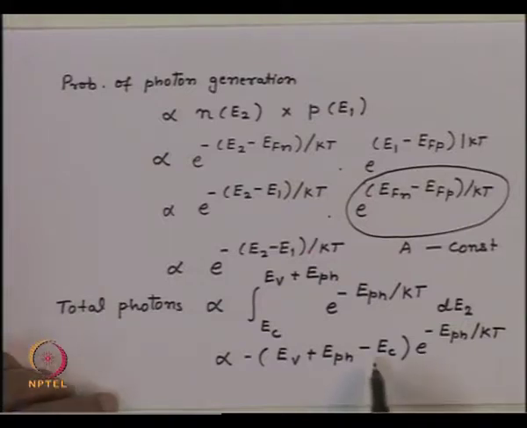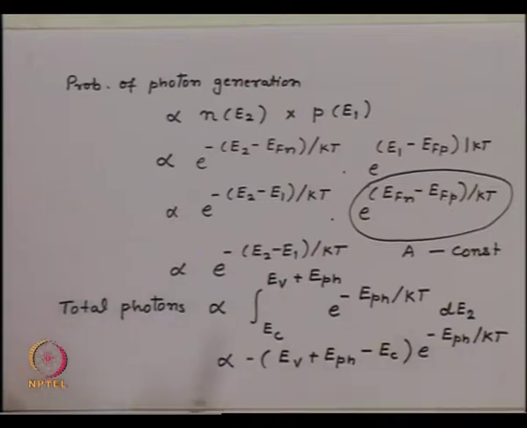Now, this quantity here, EC minus EV, we can put as the band gap, which is EG.